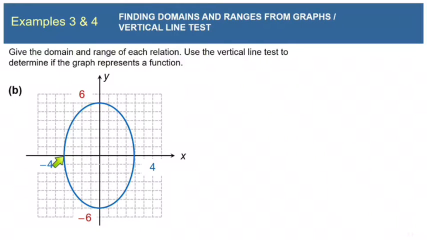So the smallest x value is -4 and the largest x value is +4. This is an interval because we want to include all the in-between x values. So we'll write the domain is bracket -4, comma, +4, bracket. And remember that because we're using interval notation, all of the in-between points are assumed.